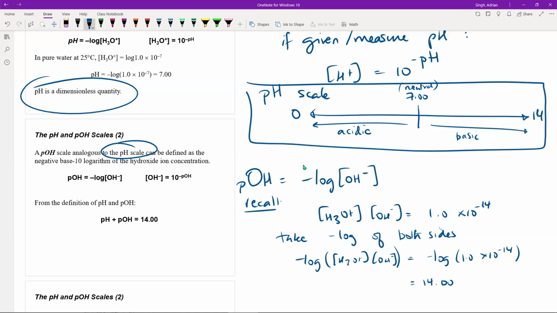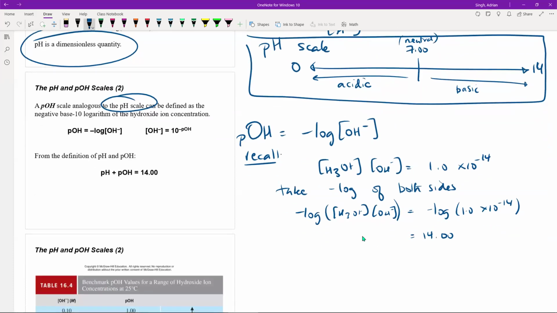And then if we evaluate the left side of this equation, the way that logs work, if we expand this out, this would become the negative log of H3O plus, plus the negative log of OH minus.